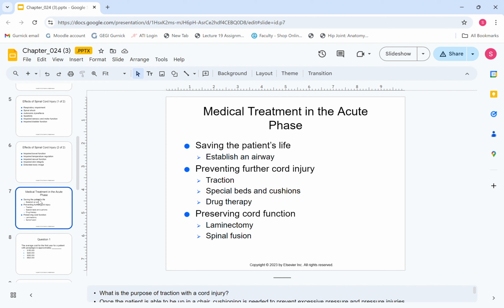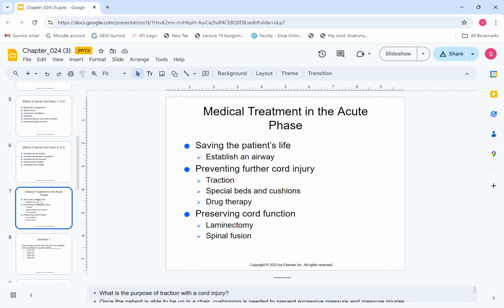Now, you guys, this might mean, especially if it's a neck injury, that we put the person in traction. All right, and in your book, it shows you a couple different types of traction. All right, one is called the Gardner-Wells traction. And with this traction, they drill holes in the skull to attach some tongs.